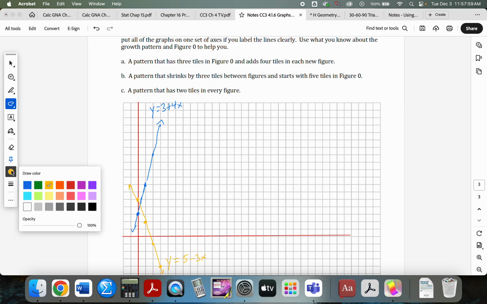And then part C on this one, they want a pattern that has 2 tiles in every single one of its figures. Well, that's a boring tile pattern, isn't it? It always has 2.